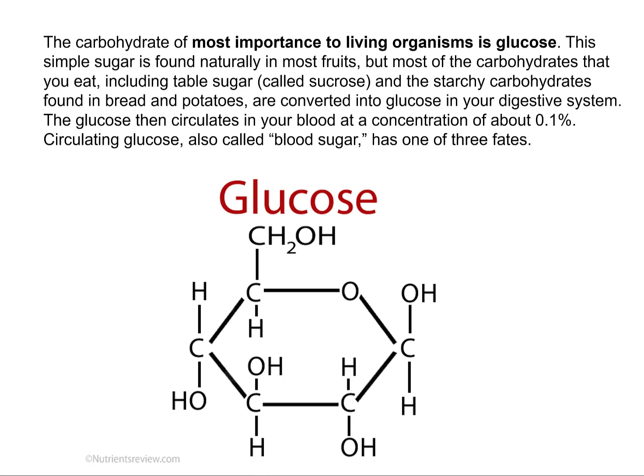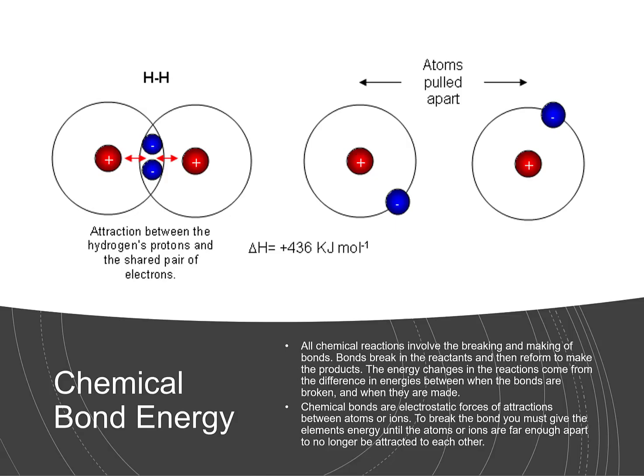Okay, so now we look at chemical bond energy. Let's talk about that. So we have the attraction between hydrogen protons, the hydrogen bonding. We've already talked about that, pairing of electrons. And if we pull these apart, now they want to be stable, and it takes a fair amount of energy to do that.